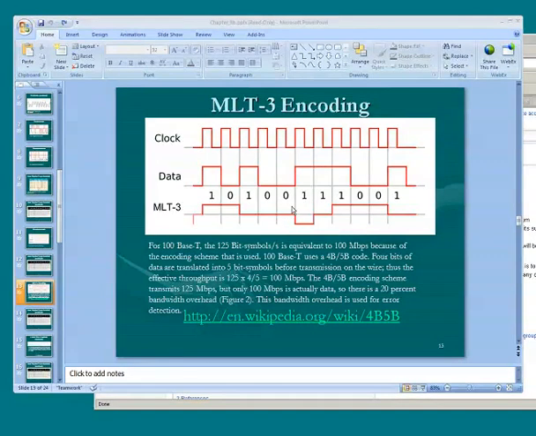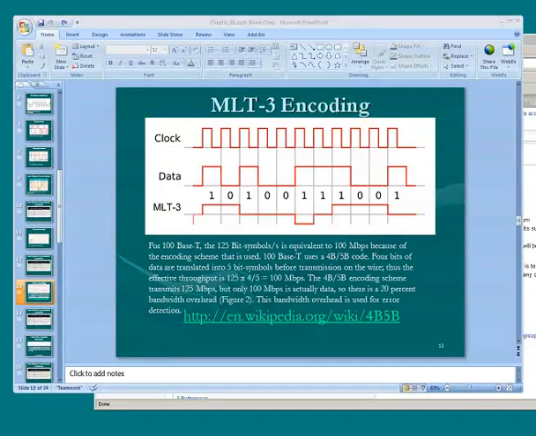To produce a 1, we have to change the voltage. If we want to produce a consecutive 1, we have to change the voltage. And if we want to produce a third 1, we have to change the voltage. But maintaining the voltage will be interpreted as a 0, as seen in this scheme.